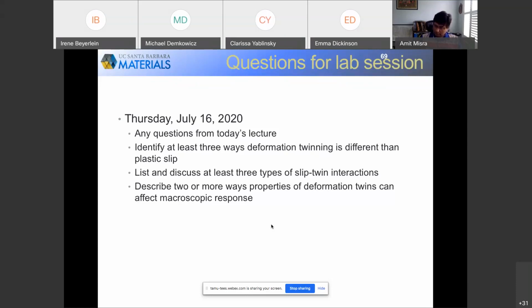With the small embryos, you will not affect slip activity to the extent that could be seen macroscopically. However, if you have, let's say, a grain that is engulfed fully by a twin, that grain in a way is reoriented with respect to the loading. It will then invoke different types of slip. And if it's an HCP crystal like we're describing, then changing the orientation of that crystal will affect what slip is activated.